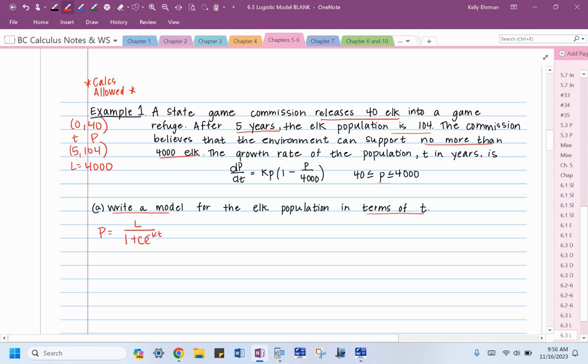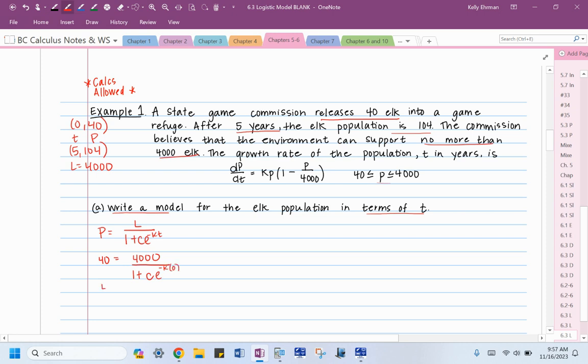So the T and the P that I want to start out with is always the T equals 0 because that will be easier. So let's plug in 40 for P. L is 4,000. 1 plus, we don't know C. We know e to the negative k times T was 0.